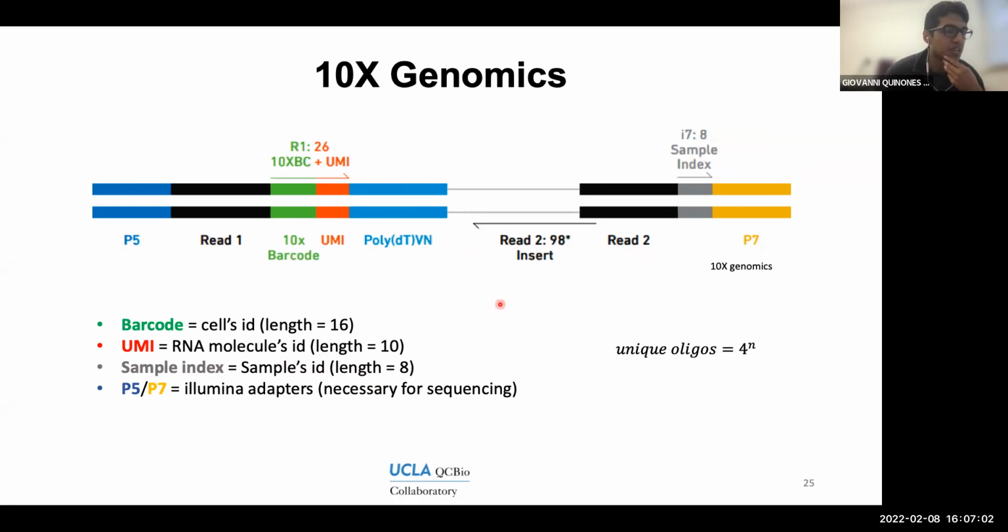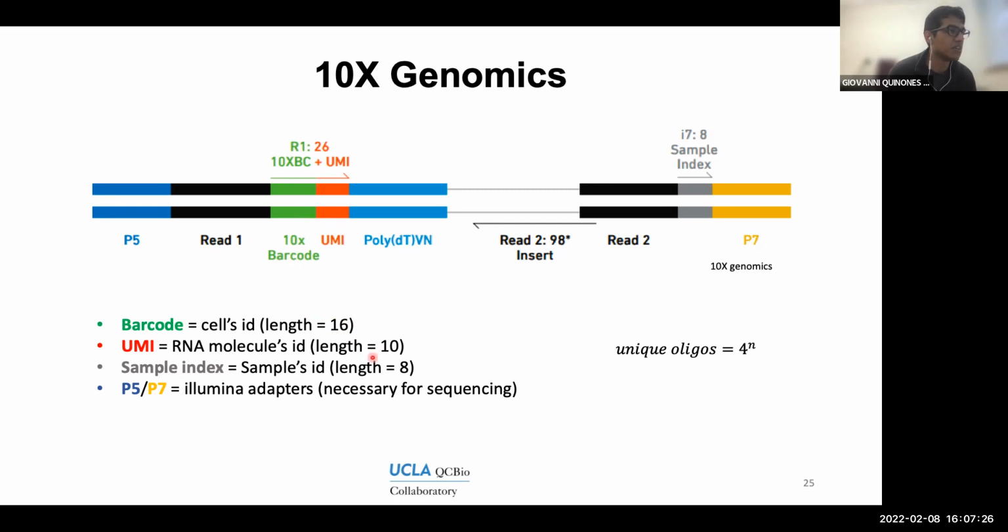And just as a little exercise, here I included the length of each one of these sequences. So your barcode, in the traditional protocol, of course, there are special protocols where they would change these parameters, but the most commonly used protocol, your barcode will be 16 nucleotides long.